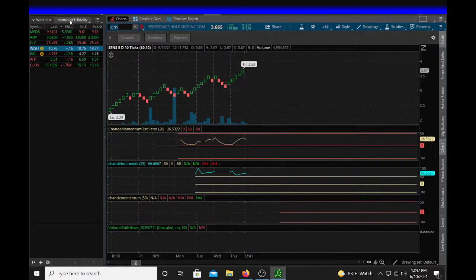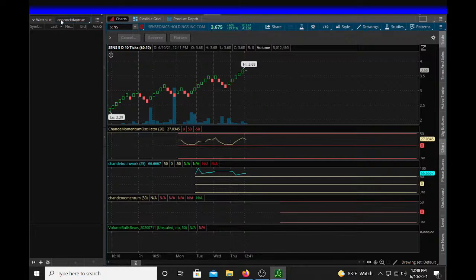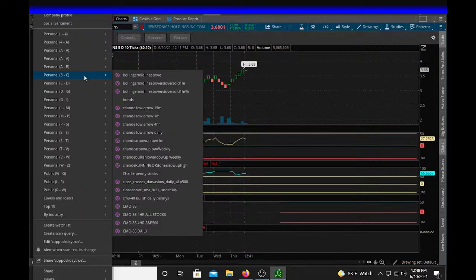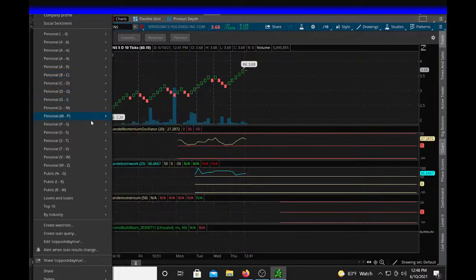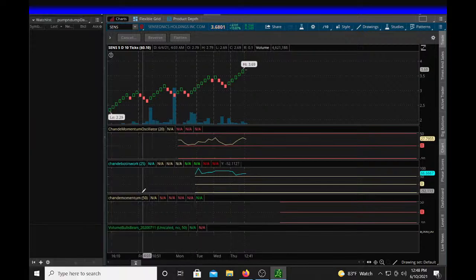All right, let's see what other things we have here. We can do our Kapok on the day, or Kapok weekly. And let's maybe go and find what's being pumped and dumped.